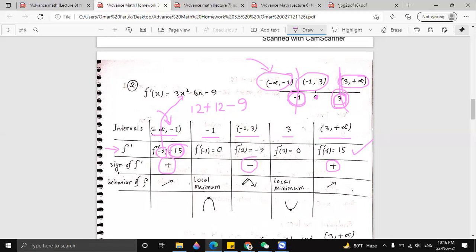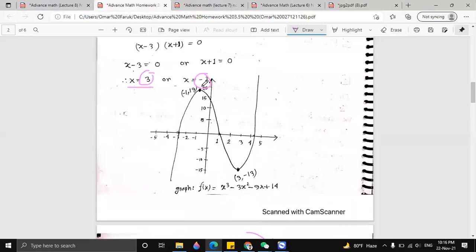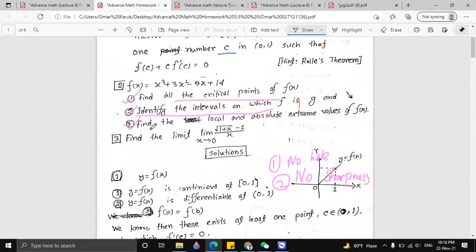And how do we find the local and absolute values? In question 3, we have to find the local and absolute extreme values of f of x. We have already found it.